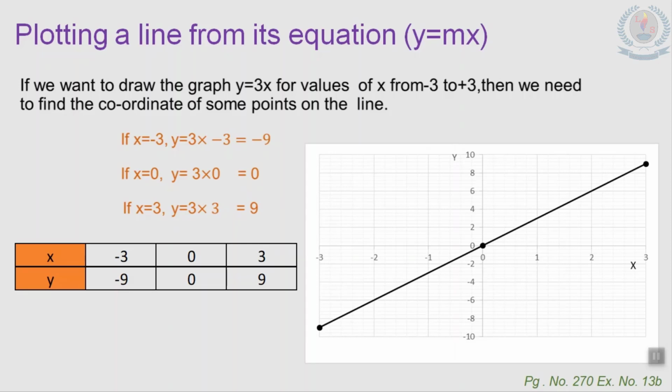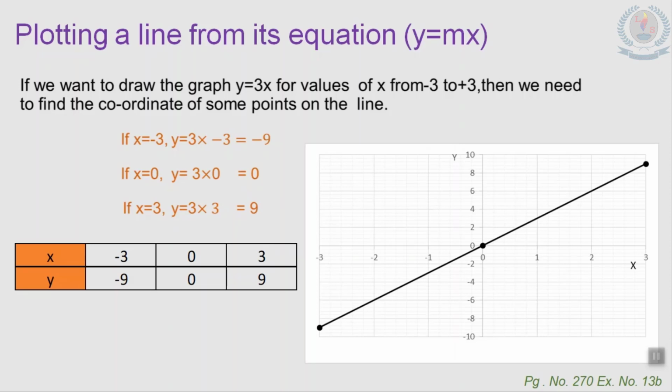Next, I have taken x equal to 0. So, the y-coordinate should be 3 times 0, 0. Next, I choose x equal to 3. So, then I can find the y-coordinate by 3 multiplied by 3, 9.